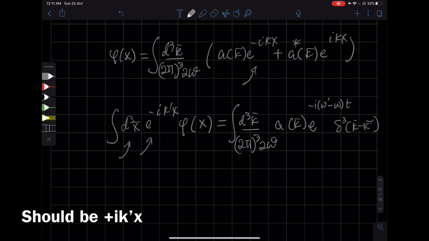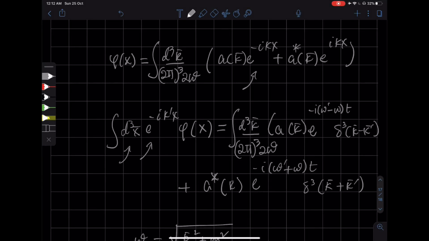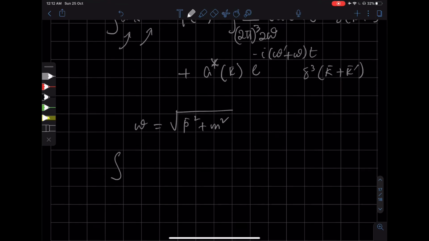And then we also have another term with a star of k, and the exponential where now instead of a minus sign between the two omegas, we have a plus sign, and the Dirac delta has in it k plus k prime. Sorry, I made a mistake here, because for this to be a relative minus sign, this needed to be a plus.